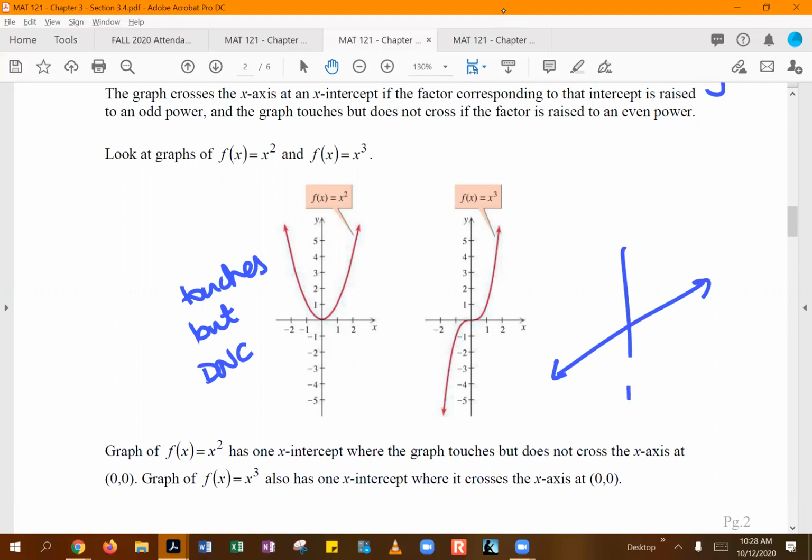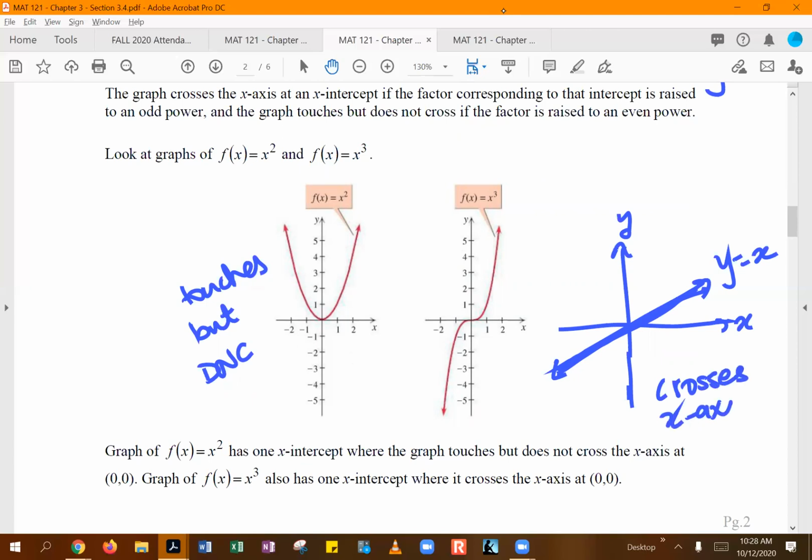So this would be our y-axis. This could be our x-axis, and you can see it actually crosses our x-axis. So this will be the graph crosses the x-axis. So either one of these.